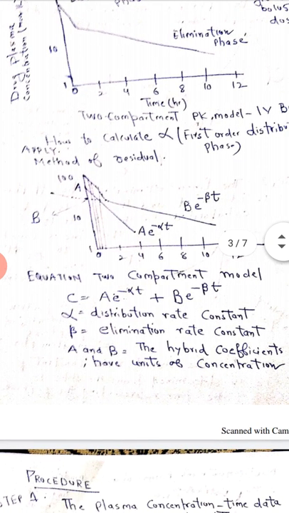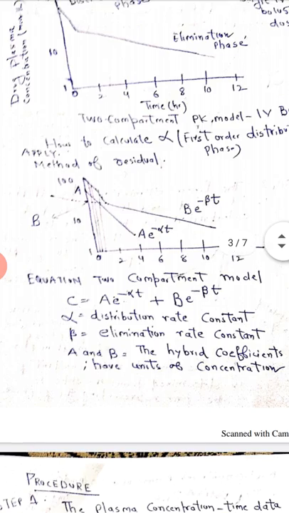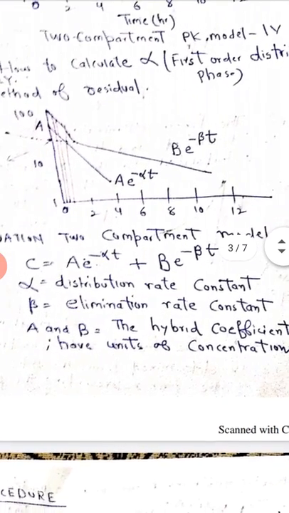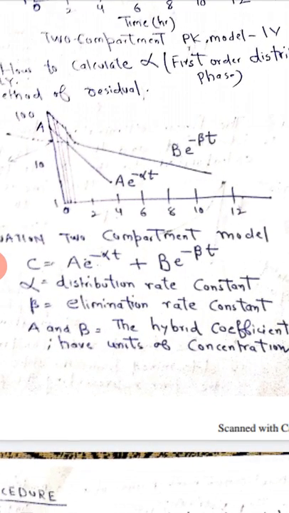You see the second graph. Here the equation is given. The equation of the 2 compartment model is C = Ae^(-alpha t) + Be^(-beta t). Now what is the significance of this equation?